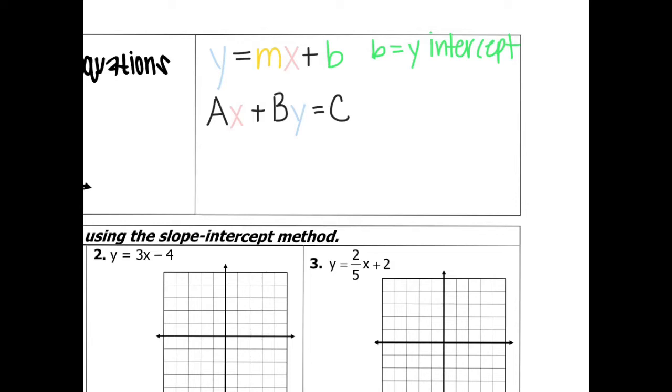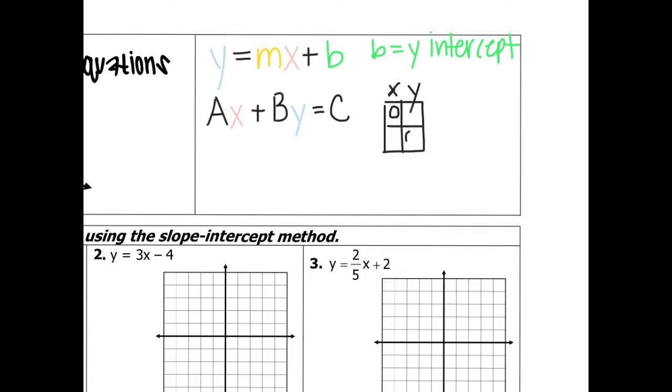When we had these types and we were practicing for a test, we used the strategy of making a table, right? An XY table, I should say, an input-output table, and finding out what happened in that table when x was 0, what did that make y?